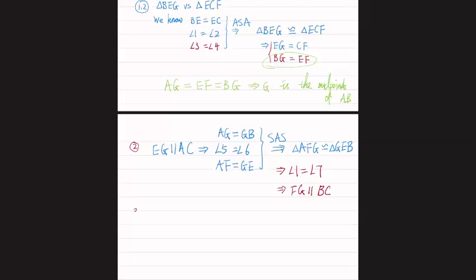Third part, we know that AF equals EG equals CF. This implies EG is 1/2 of AF plus CF, which is AC.